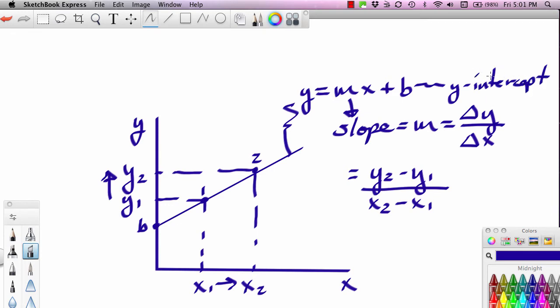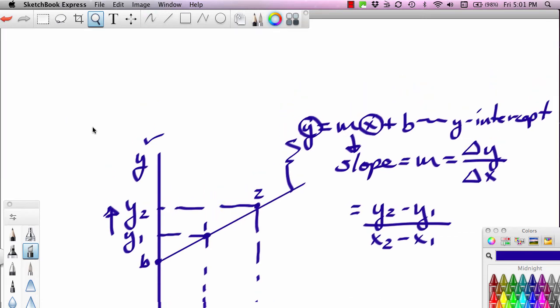I-N-T-E-R-C-E-P-T. Sorry about that. And then, of course, x is our what? X is our independent variable, and y is our dependent variable. Okay? So this ought to be familiar to you. You've had algebra before, hopefully. You really shouldn't be studying college-level economics if you haven't had a little bit of algebra in your past, and so we assume you've had that.